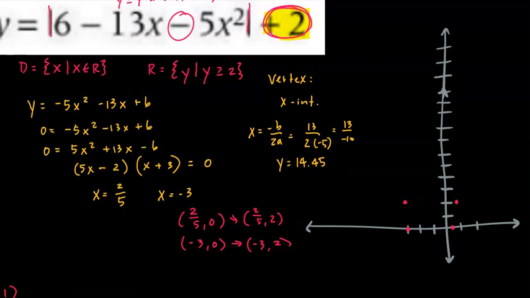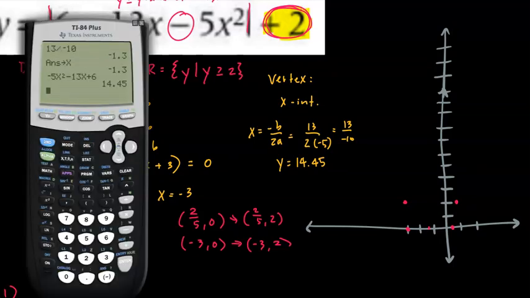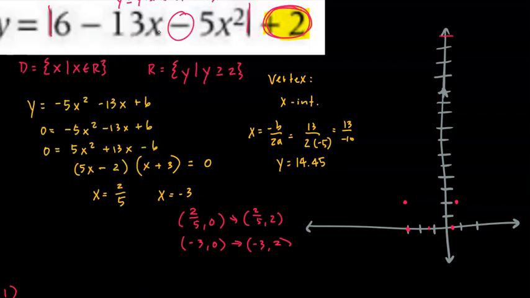So -1.3, -1.3 right here, and 14.45, somewhere right here. I'm going to connect that just like this.